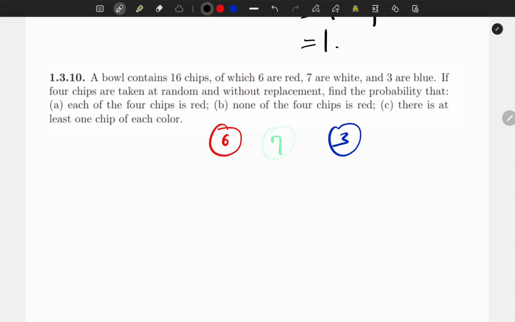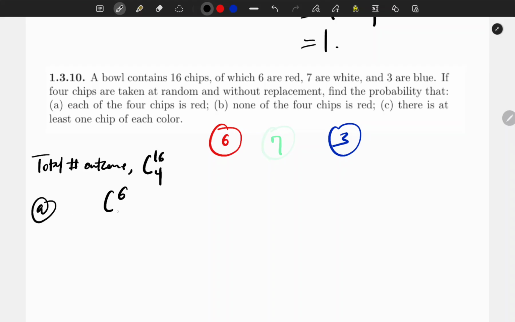So that means that the total number of outcomes is 16 combination 4, as we pick 4 chips. So the first question, A, each of the 4 chips is red. How many reds do we have? We have 6.